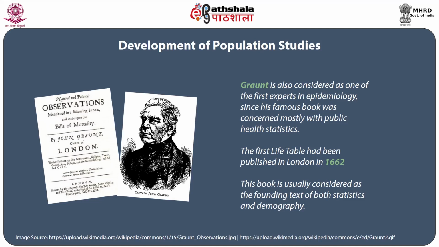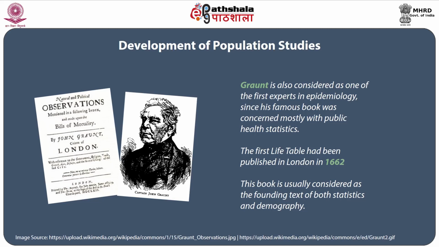He is credited with producing the first table giving probabilities of survival to each age. Graunt is also considered one of the first experts in epidemiology, since his famous book was concerned mostly with public health statistics. The first life table had been published in London in 1662 in a book entitled Natural and Political Observations Made upon the Bills of Mortality.